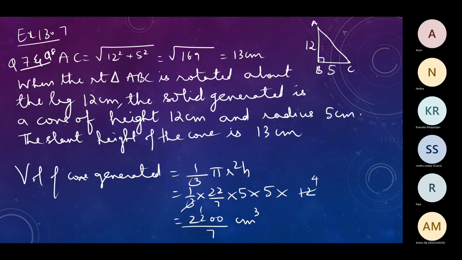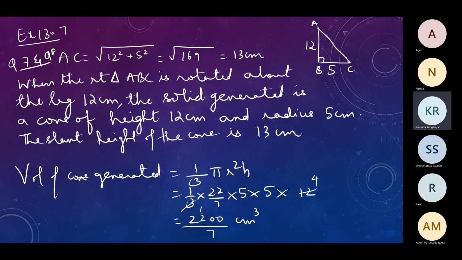All right. So when a right triangle is rotated about one of its legs, here the legs of this right triangle are 12 centimeters and 5 centimeters. AB and BC are the legs of length 12 centimeters and 5 centimeters respectively. So when the right triangle is turned about one of its legs, the solid generated is a right circular cone.